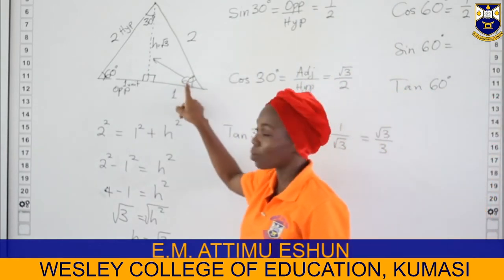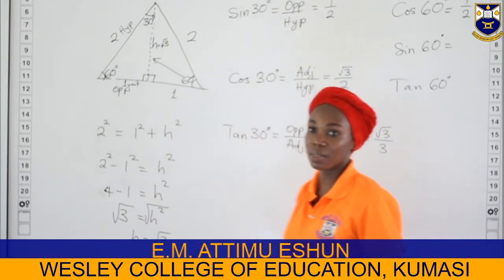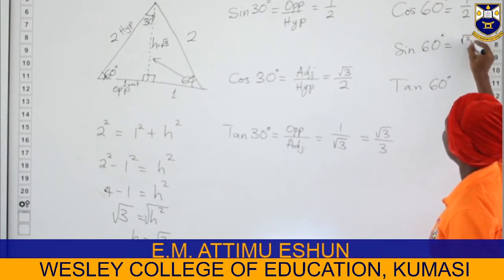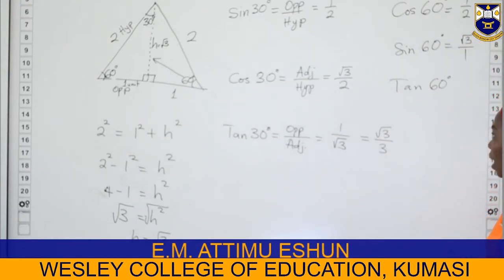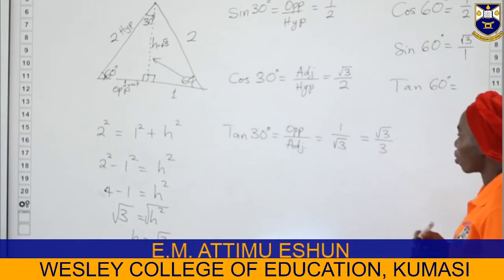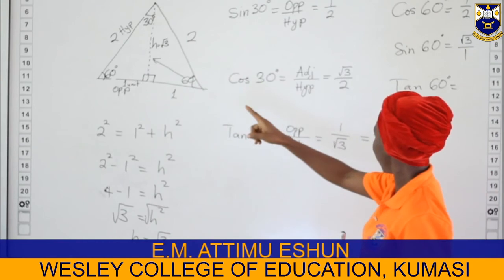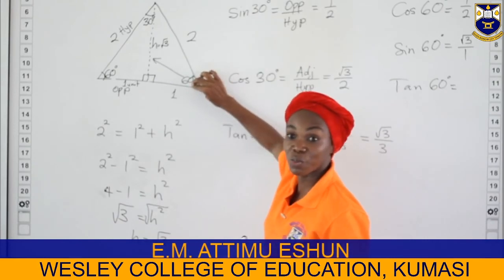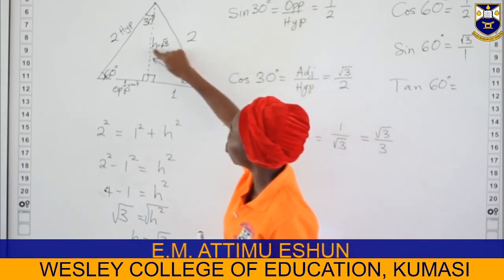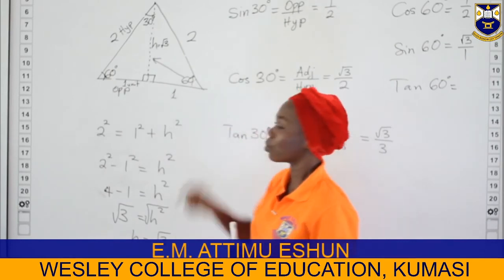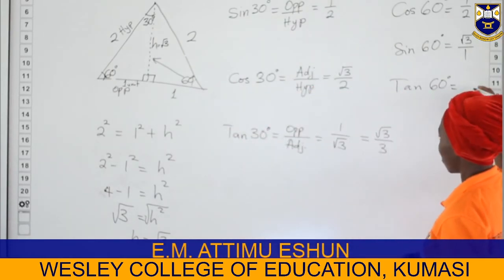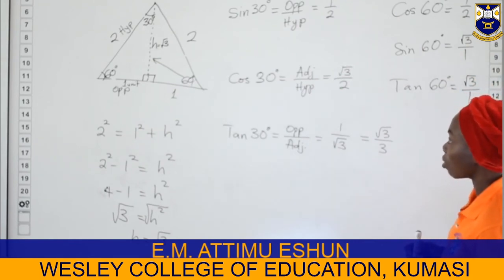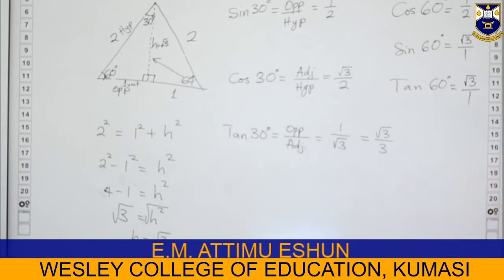Opposite to angle 60 will be √3, and the adjacent is 1. And so sine 60 will give us √3 divided by 1. And finally, tan 60 will give us opposite side divided by the adjacent side. But the reference is with angle 60. So the opposite is √3, the adjacent is 1. So we would have √3 divided by 1.